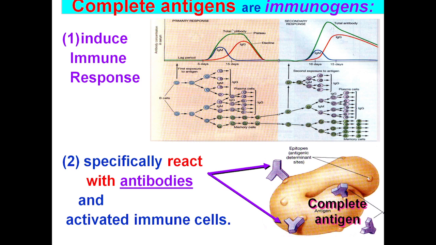Now, the blue line demonstrates the total number of immunoglobulins, both immunoglobulin M and immunoglobulin G.